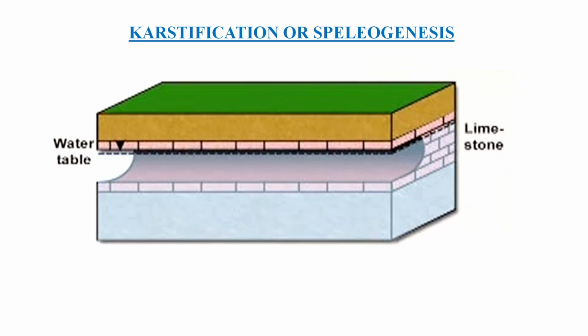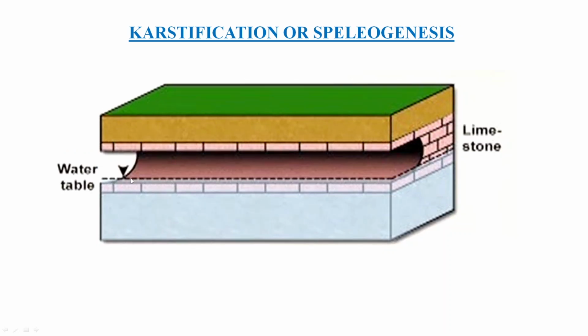Then with time, the water table falls down a little bit, for example in a dry season when the water level usually drops. If the water level is dropping like this and then drops further, these caverns get exposed, for example on mountain cliffs or some places where you can see a sectional view of the limestone and the topsoil horizon.